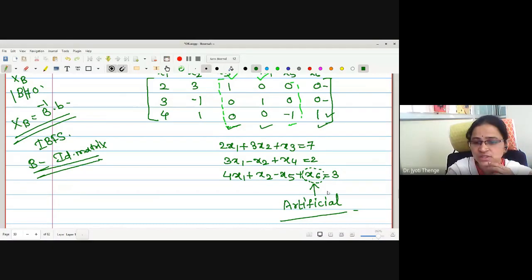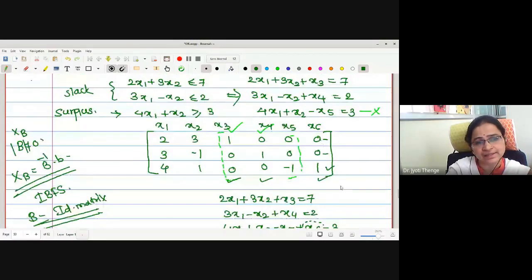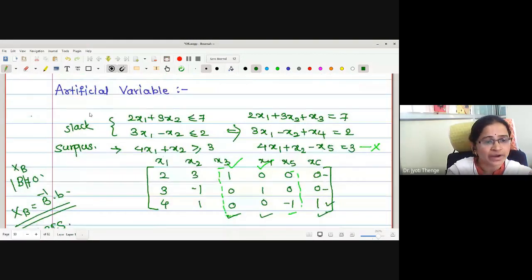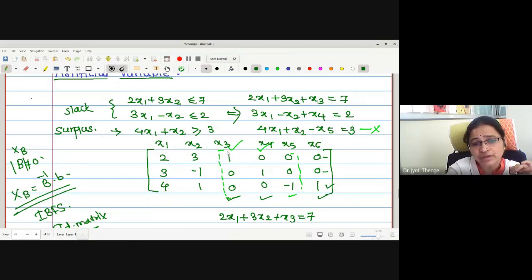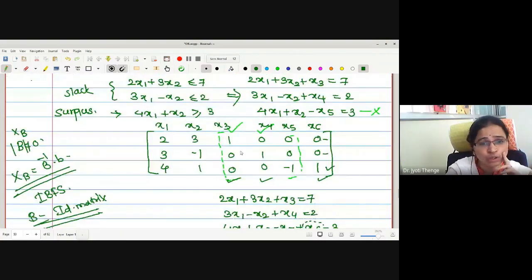Therefore, along with slack and surplus variables, a new idea is being introduced called an artificial variable. And this artificial variable is essential whenever the inequality is of the type greater equal. What will happen if the inequality is of the type equal to?